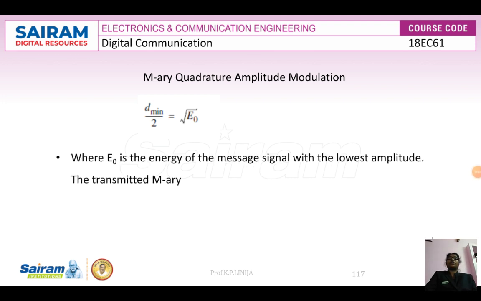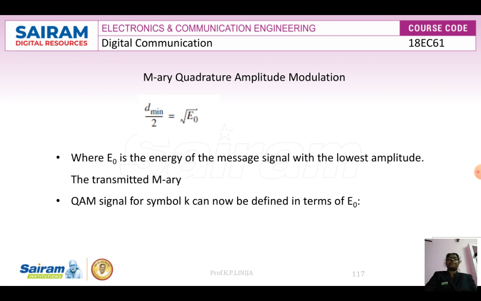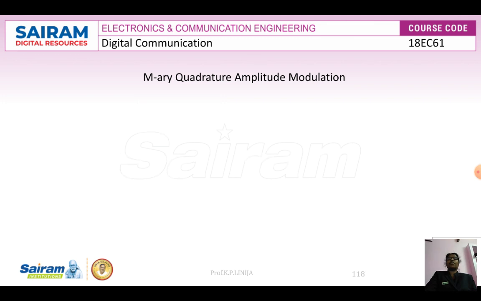We know that E naught is the energy of the message signal with the lowest amplitude. So based on these equations and concepts, the transmitted M-ary QAM signal for symbol k can be defined in terms of E naught.